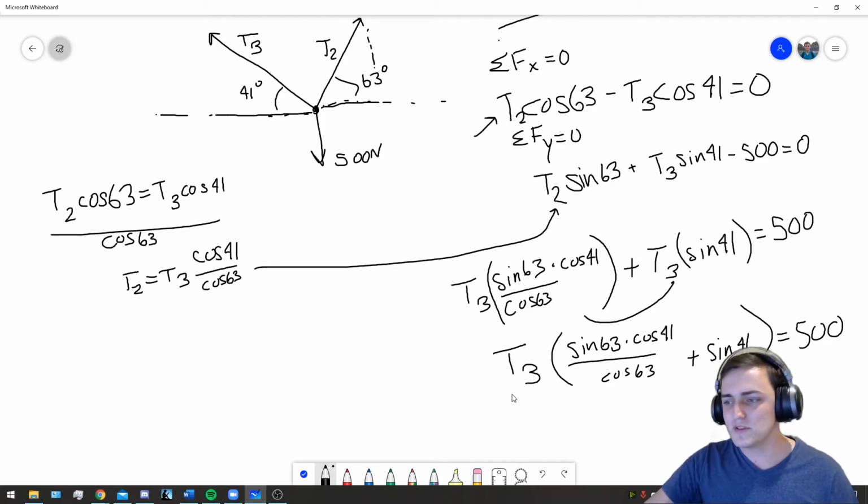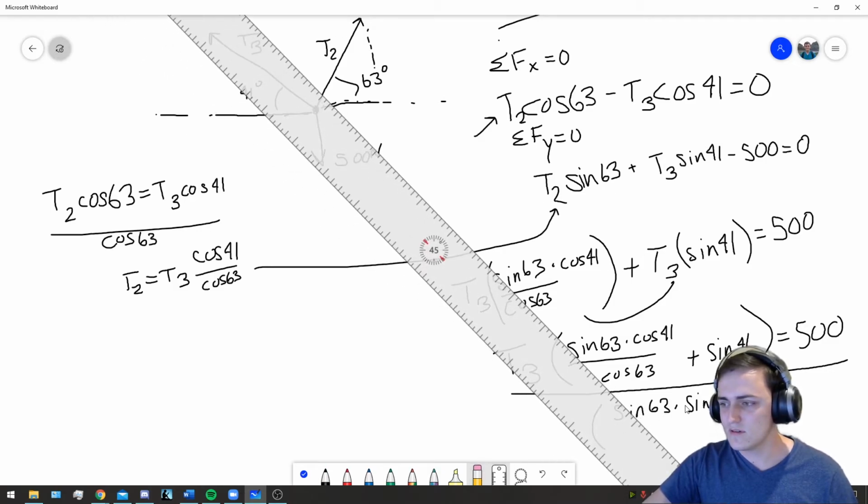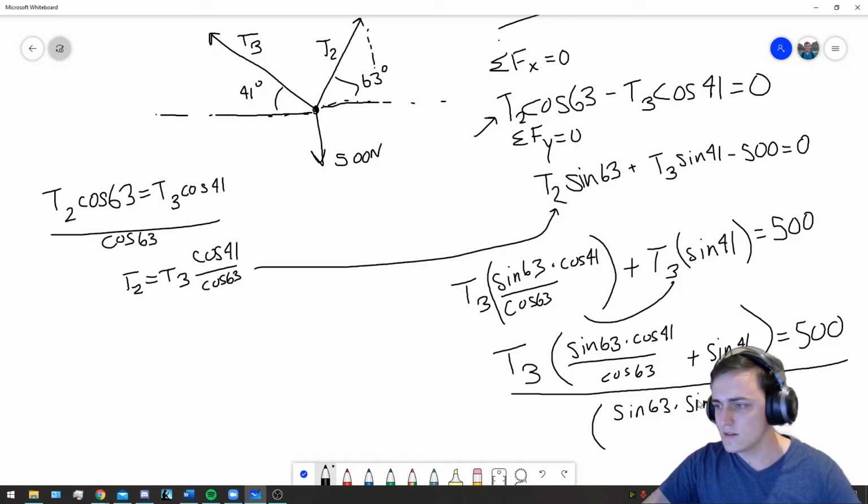And we can divide both sides by that whole term. Sine 63 times cosine 41 over cosine 63 plus sine 41.